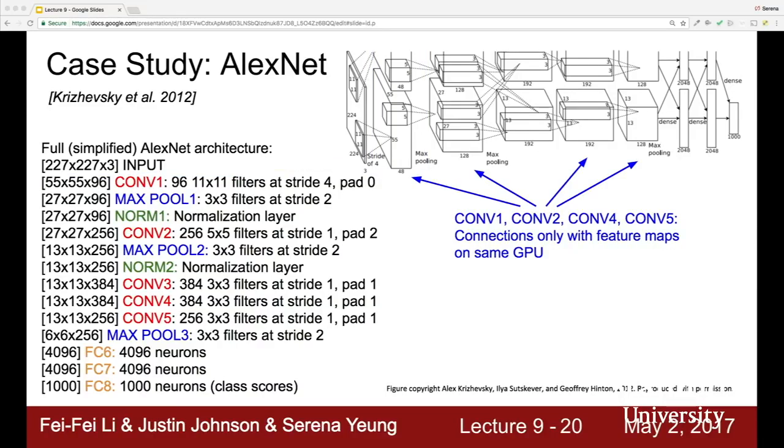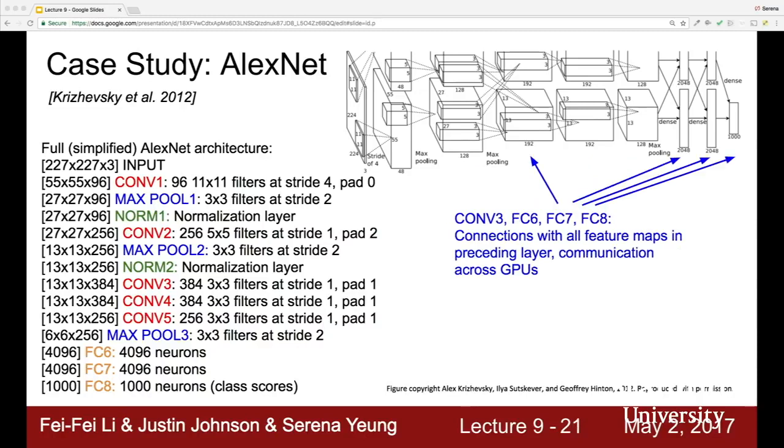For most of these layers, for example conv 1, 2, 4, and 5, the connections are only with feature maps on the same GPU. You only take as input the half of the feature maps that were on the same GPU, and you don't look at the full 96 feature maps. You just take as input the 48 in that first layer.